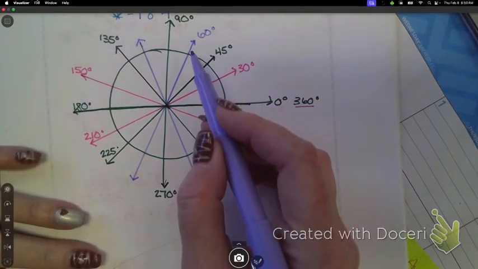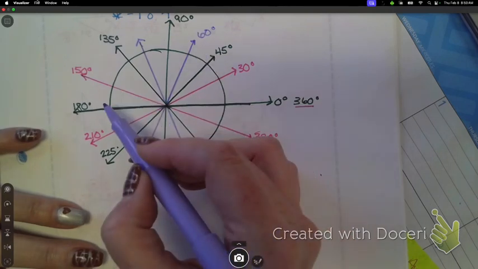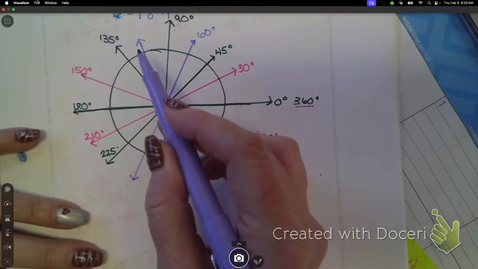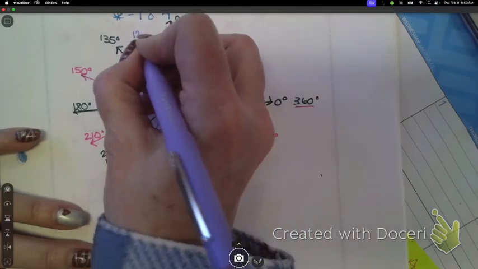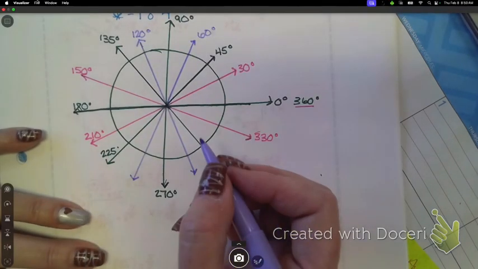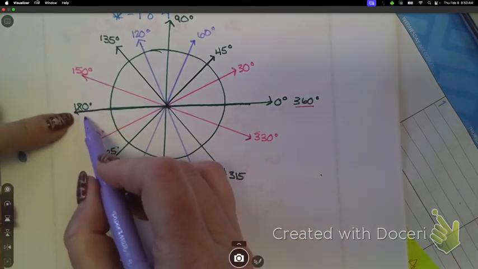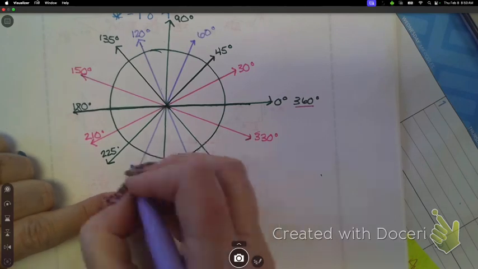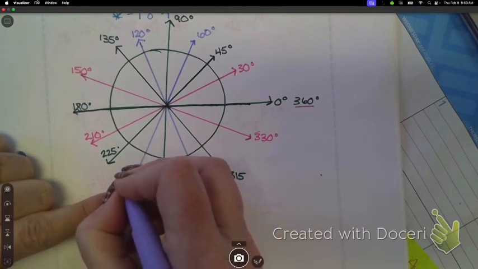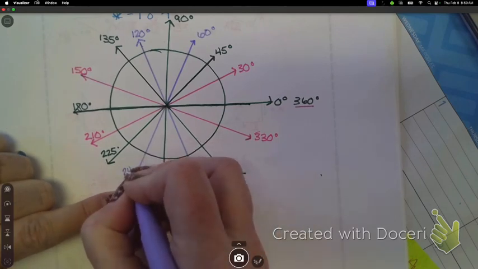So 60 degrees in the first quadrant. So 180 minus 60 is 120. So 120 is the 60-degree angle in the second quadrant. And then 180 plus 60 is 240.